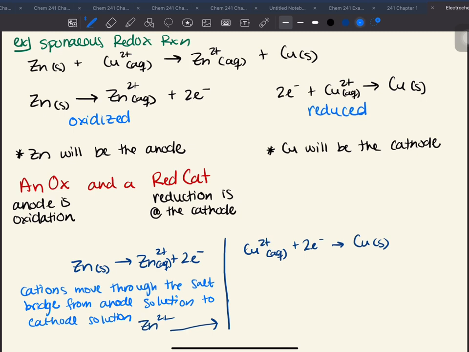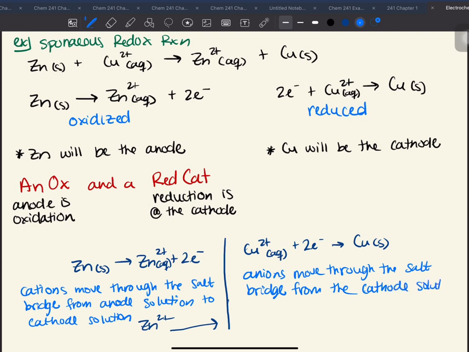Now, on the other side, we're going to have the anions move through the salt bridge from the cathode solution to the anode solution.